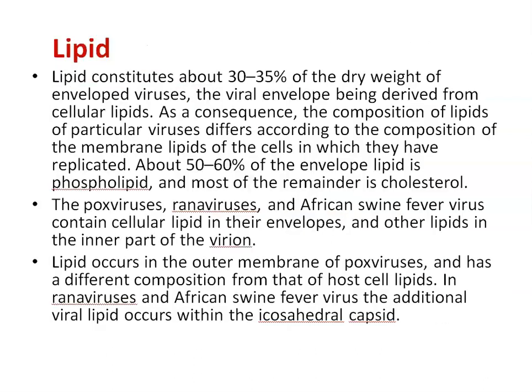So next, lipids. Lipids constitute about 30 to 35% of the dry weight of enveloped virus, the viral envelope being derived from cellular lipids. So the composition of lipids of a particular virus differs according to the composition of membrane lipid of the cell in which they are present, right?